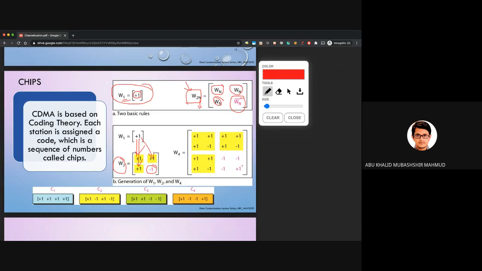So this is what happens, and this is the value of W4. This here is the value of W2, this also is the value of W2, and this here is also the value of W2, and this is the not or opposite of W2.